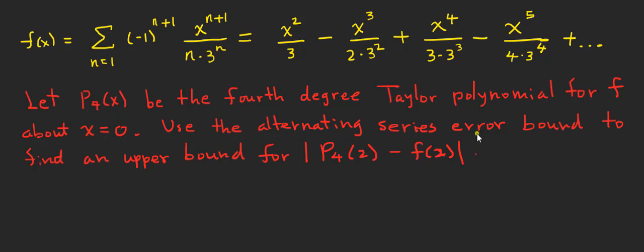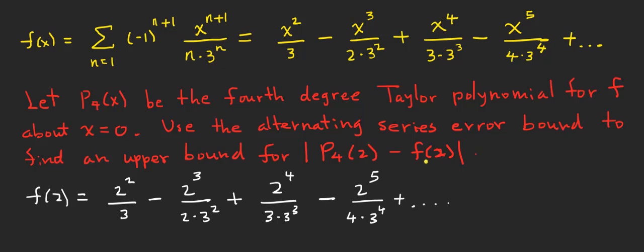Use the alternating series error bound to find an upper bound for the absolute value of p sub 4 of 2 minus f of 2. Since they are asking us to use the alternating series error bound, we already know that this is a convergent alternating series.